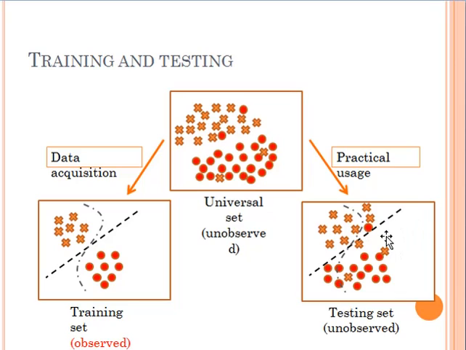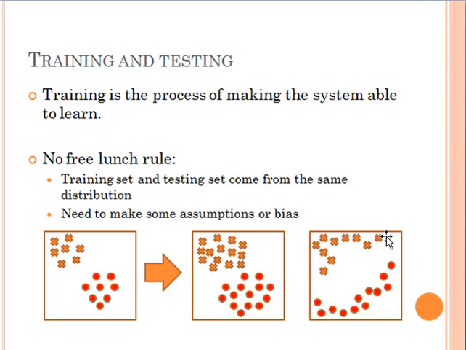This testing data set is used to test the system, how good we have trained our model. So the training is the process of making the system able to learn, right? The target is to make the system capable of learning some useful features from the input data set.